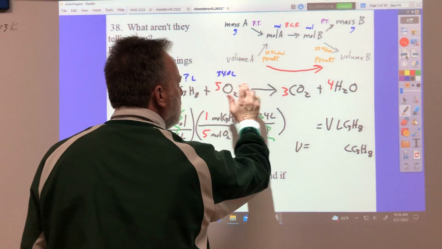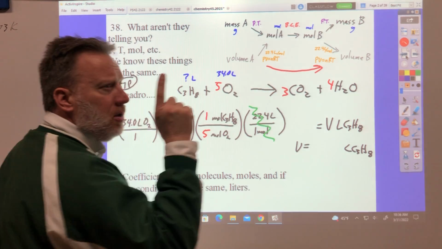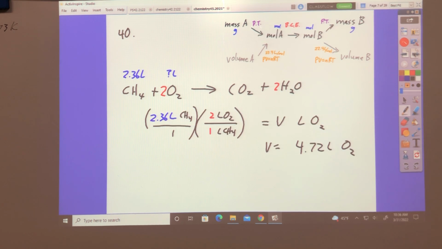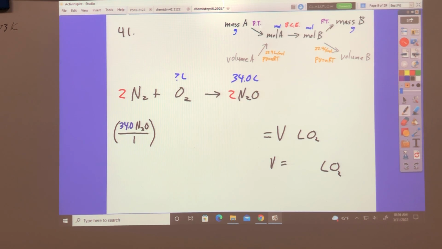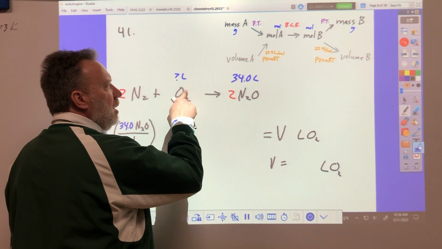So these numbers, coefficients, we can use as liters as long as the conditions are the same. Nothing said about the conditions changing, so we have to assume that it's the same. And so we can go liters to liters directly.